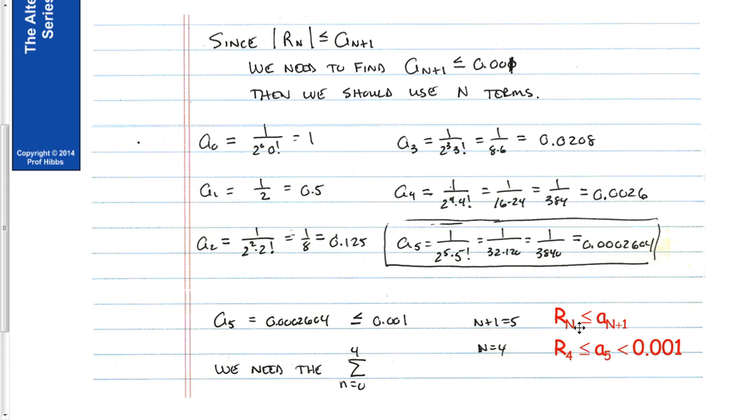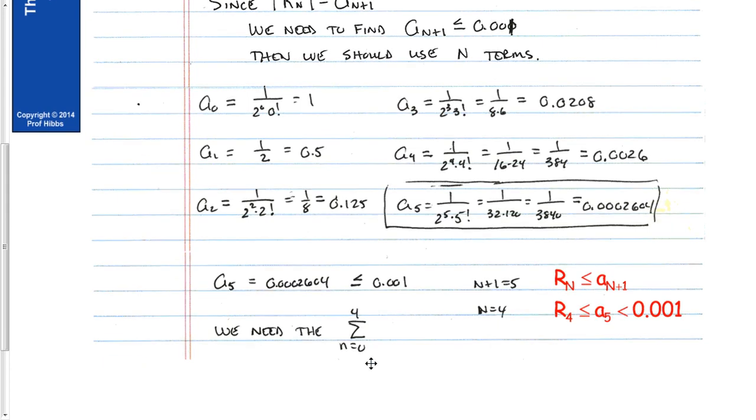So I'm looking for n actually, and because of this, I know that the a sub n plus 1 I'm looking for is actually a sub 5. When I finally found a term that was less than my error, then that's the n plus first term. And so a sub 5 is my n plus 1, and so n has to be 4, which is telling me that I need to add up the terms from 0 to 4. Remember, this started at 0.